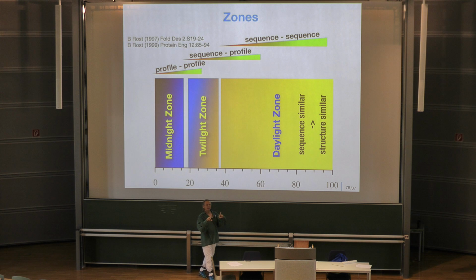Now you essentially have two vectors, and you have to look at the product of two vectors. As you all know from simple geometry, there are two ways to compute the product of two vectors. So there are different ways of doing that, and that simple reality makes it more complex. But ultimately, these profile methods are used to go sort of deep into the twilight zone, touching on the midnight zone.